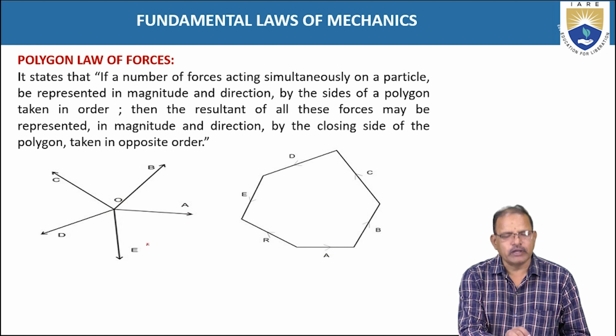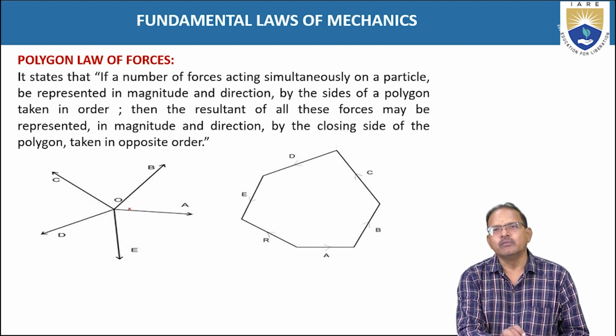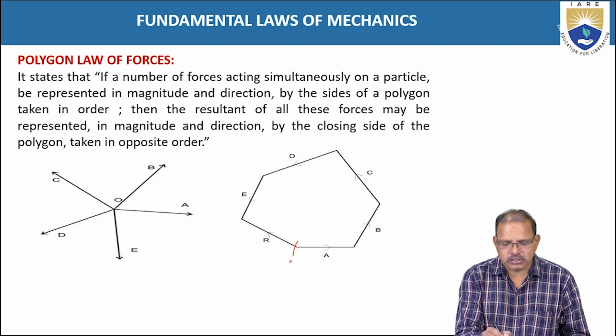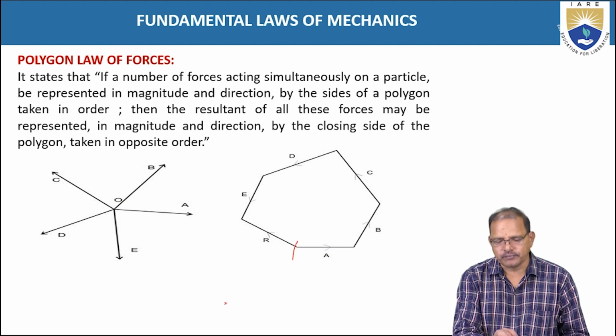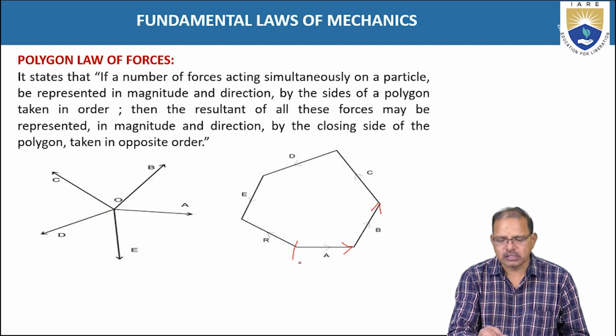Here totally 5 forces are there, which are represented as A, B, C, D, E, both in magnitude and directions. It is the starting point. A force, here in one direction. B force, taken in order. C force, like this.